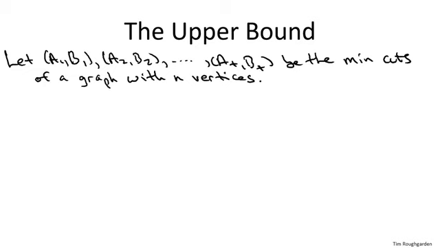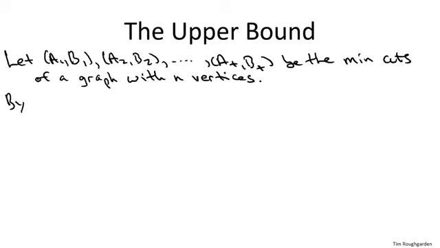Well, let's apply it here. For each of these t minimum cuts of this graph, we could think about the probability that the contraction algorithm outputs that particular min cut. So we can instantiate the analysis with a particular minimum cut, (Ai, Bi).